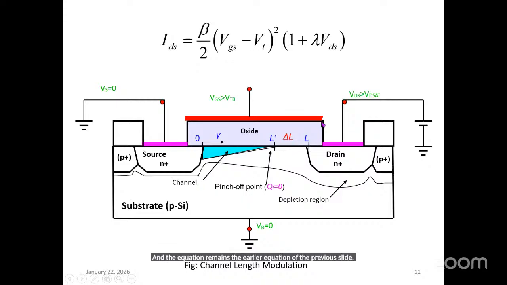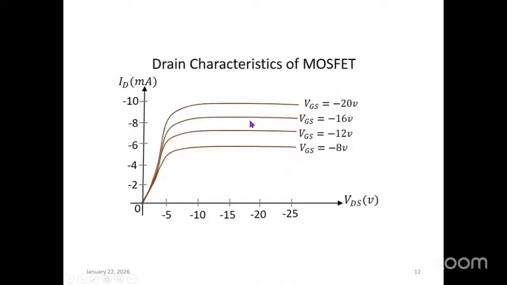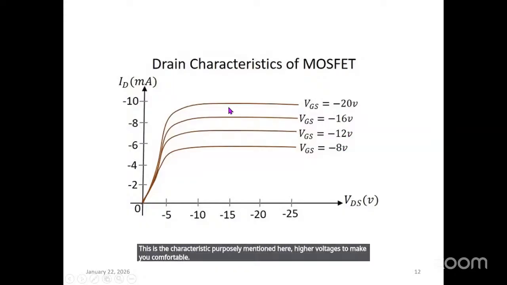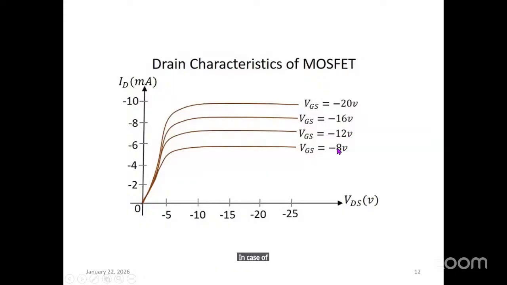Okay, this is the same figure explored here slightly in detail to make you aware: N plus, then P substrate, again N plus, and the channel, and how the pinching of saturation happens here. This is the characteristic, purposely mentioned here with higher voltages to make you comfortable. In case of a P device, when the gate voltage is more and more negative, we get more and more drain current.